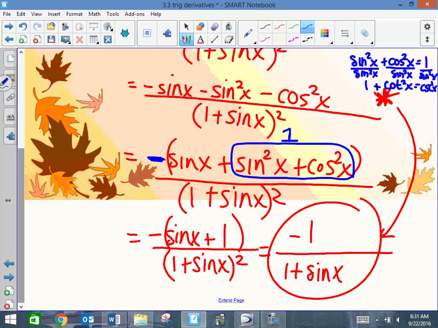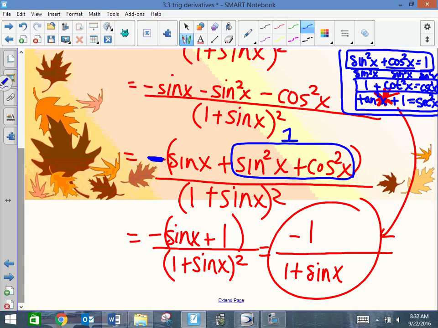Okay. Yes, these are your pre-cal ones. And then what's your other one? You divide by cosine squared: 1 plus tangent squared equals secant squared. Good. Okay. So those three, 1, 2, 3, those will show up.